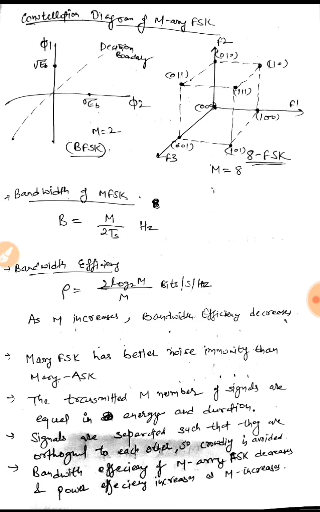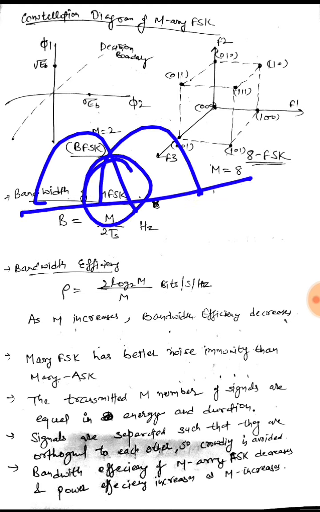Signals are separated such that they are orthogonal to each other, so crowding can be avoided. So crowding or interference can be avoided. If two signals interfere with each other, then at the receiver end it will be difficult to extract the information.